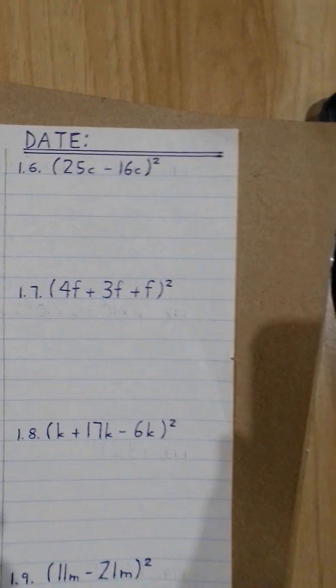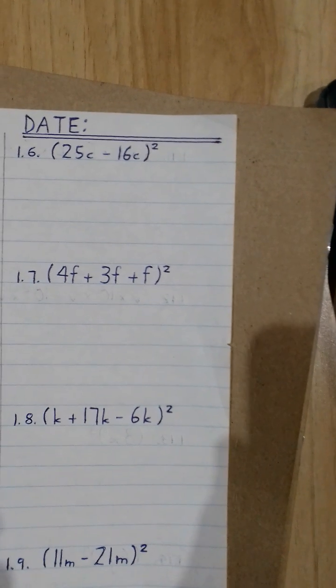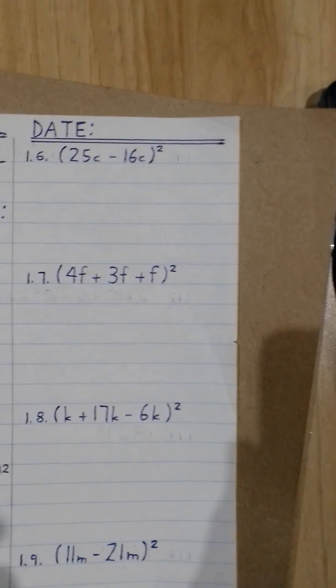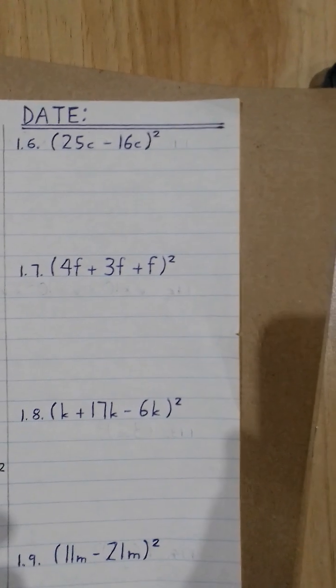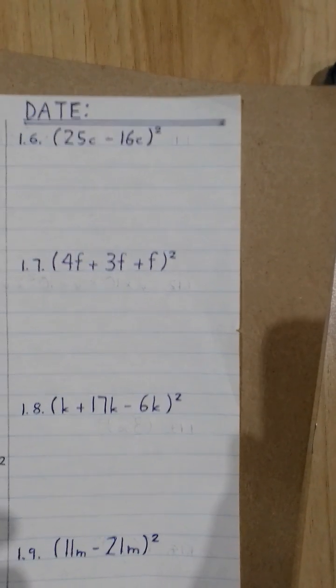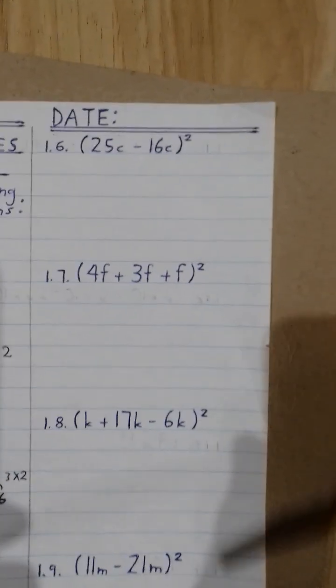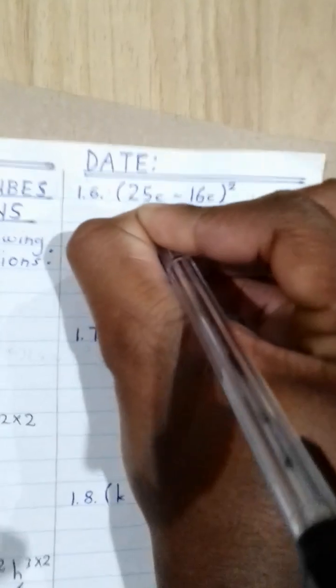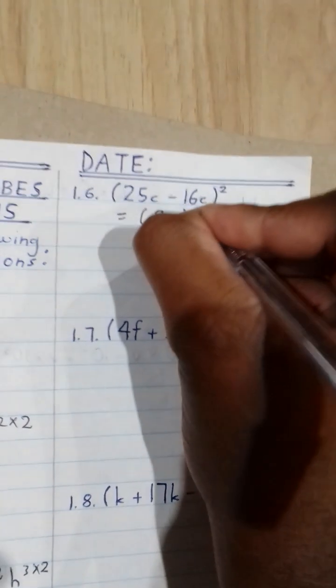1.6, open bracket, 25c minus 16c, close bracket, squared. So in the bracket, 25c and 16c are like terms. So we're going to deal with the coefficients. 25 minus 16 is 9. 9c to the power of 2.